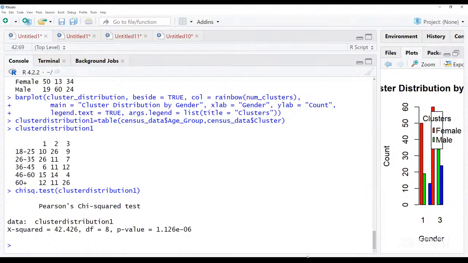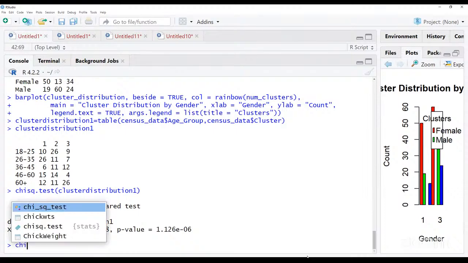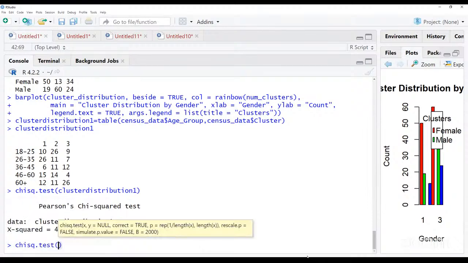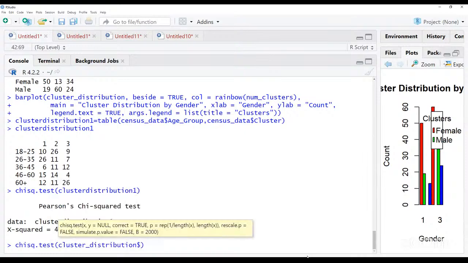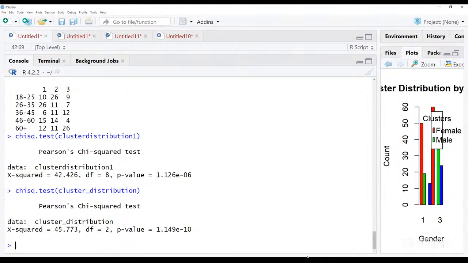Farah, you write down chi-square dot test, then cluster distribution, not the one. Enter. This is also significant. That means it is the gender-wise difference, male, female. So here you can find the difference.